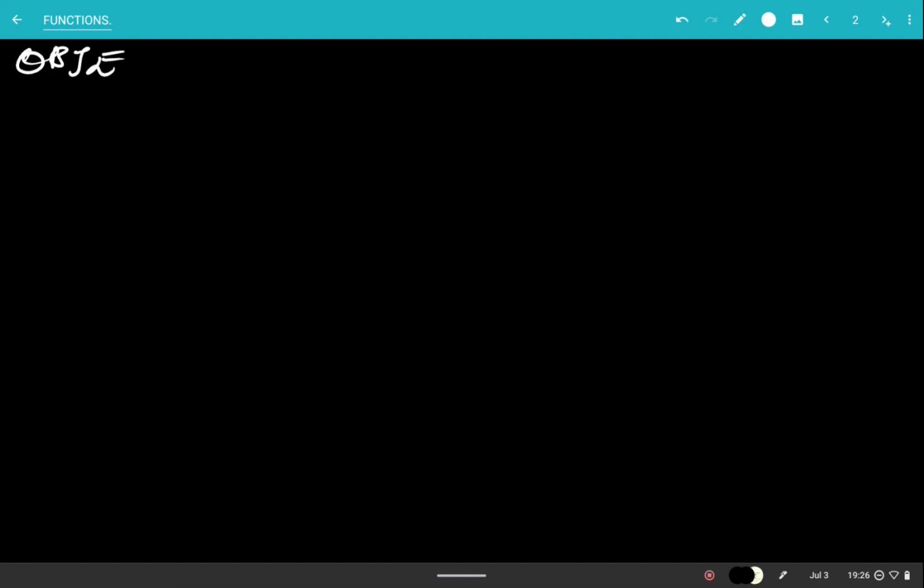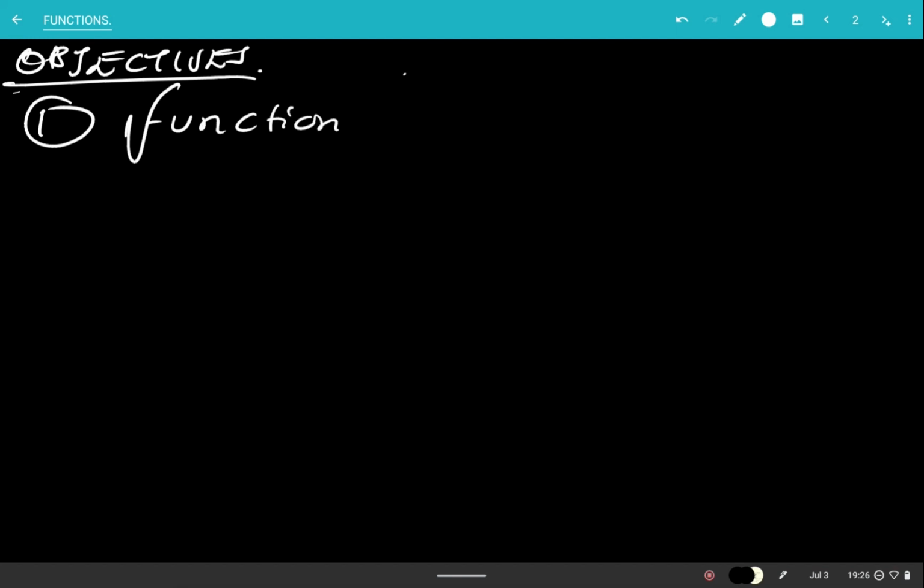Now, what you need to understand is that under functions, there are several objectives that we have. So let's look at these objectives. The first objective will be learning how to find the function of a number. When I say learning how to find the function of a number, it simply means that we're learning how to evaluate a function at a certain point that has been given.